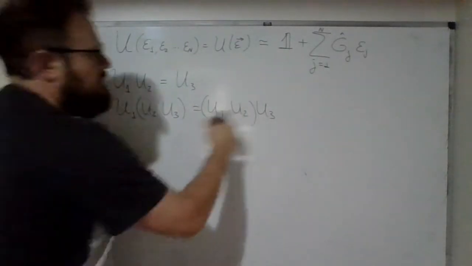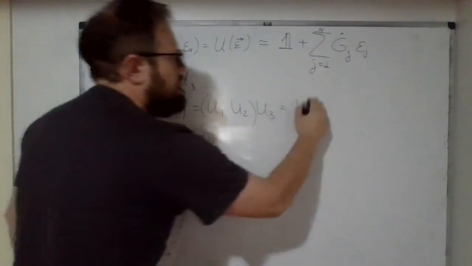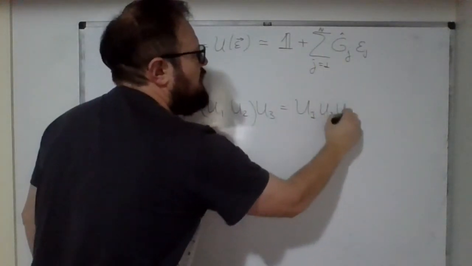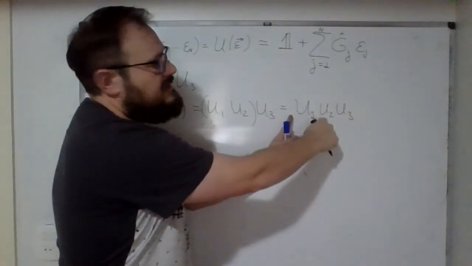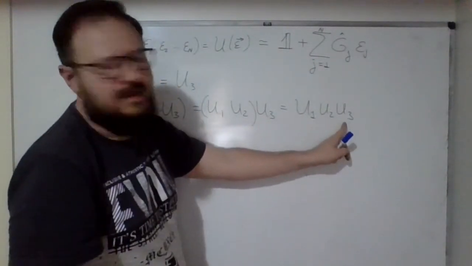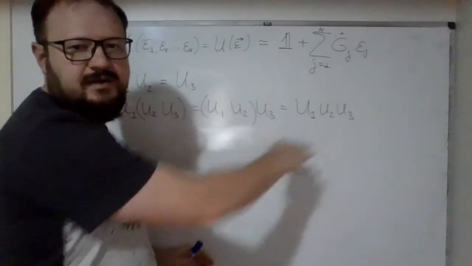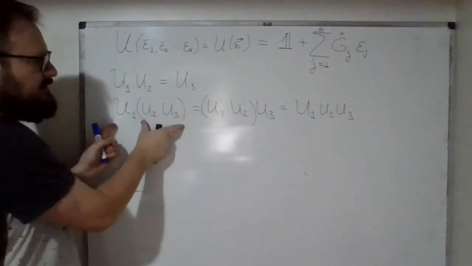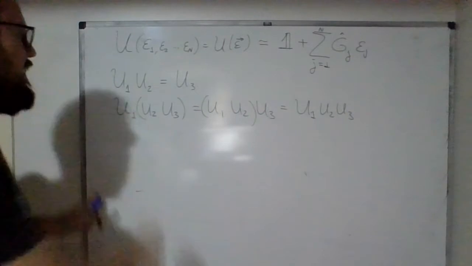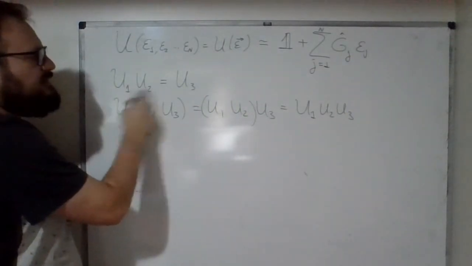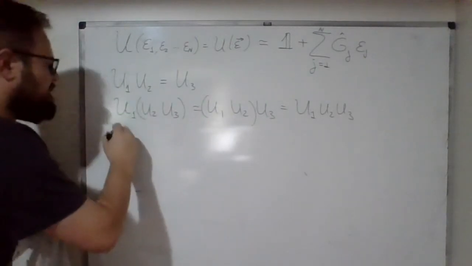So you don't need to specify what to do first. You cannot reverse the order in general, but you can make this first or this first, the result is the same. So this is associativity. The product of two transformations is another transformation. It pertains to the same set of transformations.